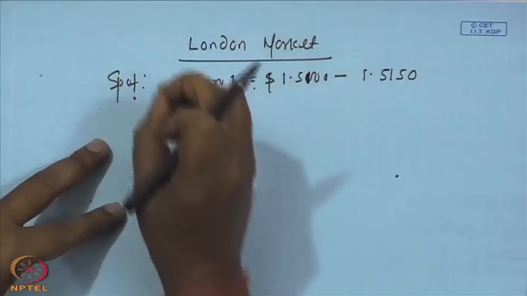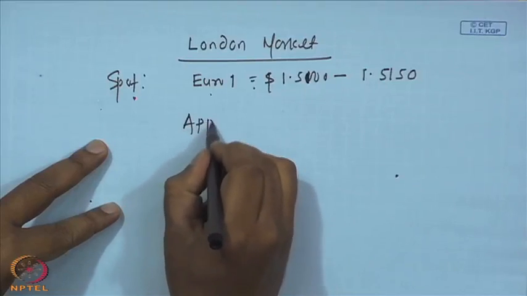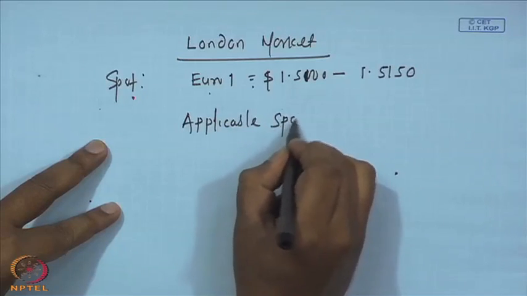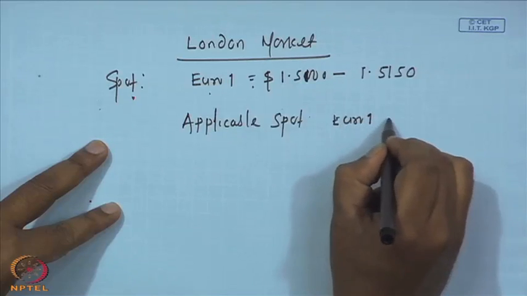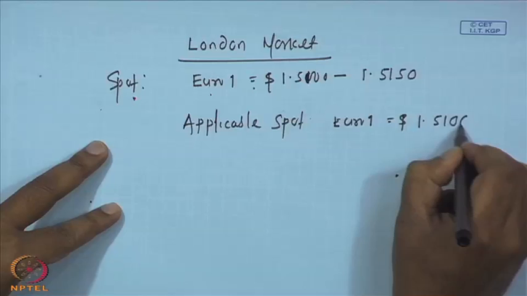But what are we doing? The exporter is surrendering euro to us. I have to sell the euro to get the US dollar. When the authorized dealer sells the euro in the interbank market, the market will give him less. So the applicable spot between euro and US dollar will be 1.5100.